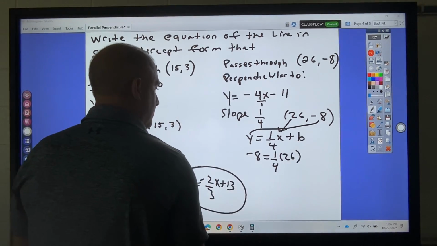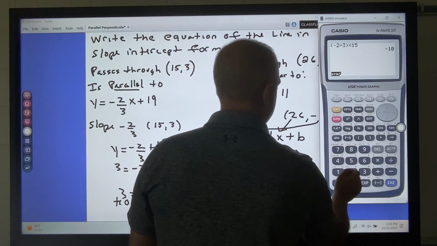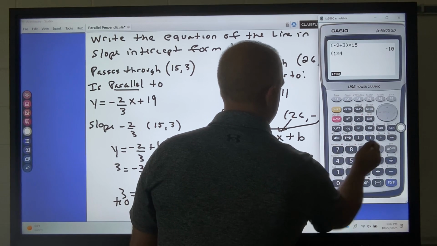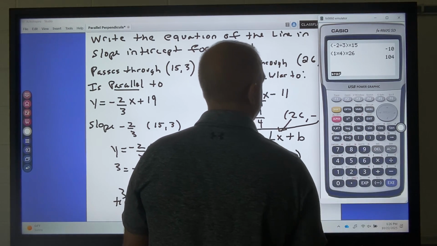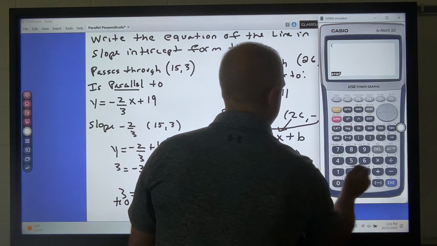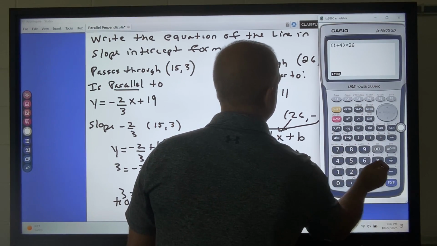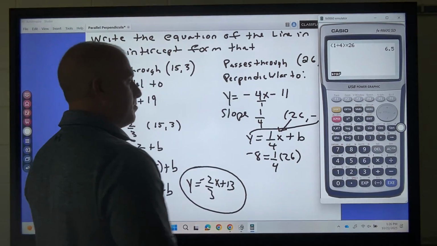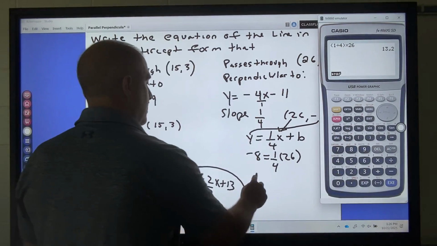I think I'm going to get a decimal. Oh, no, hold on. 1/4 times 26 is 6.5, and as a fraction that would be 13/2.